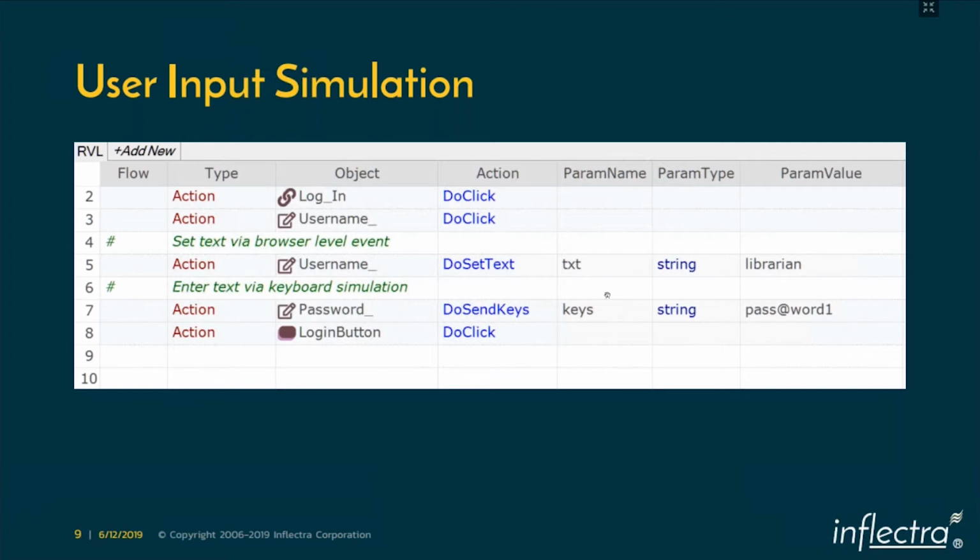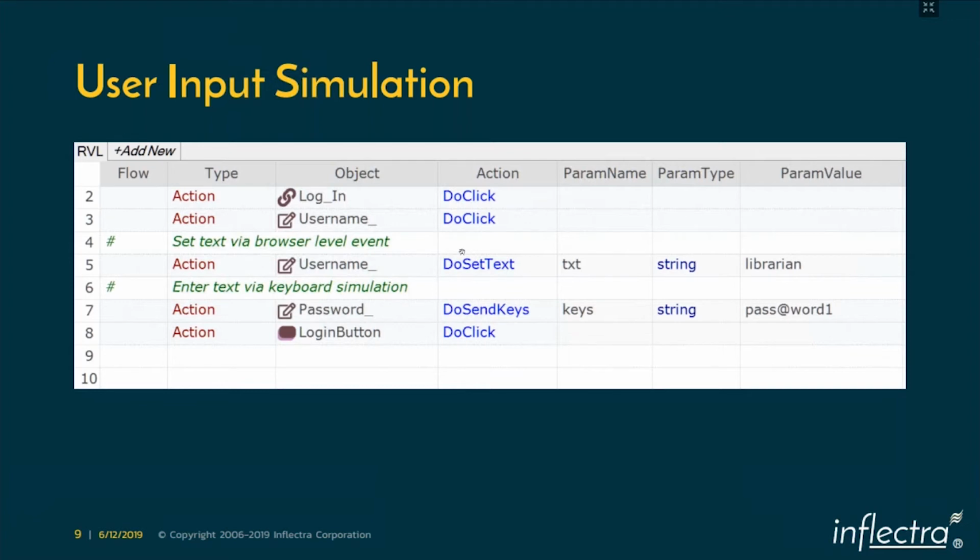It works great with web applications. When you are sending browser level events to elements, it allows you to execute tests on remotely located or even headless browsers, and it does not interfere with what you're doing on the computer, so you can continue to do something while the test is running.